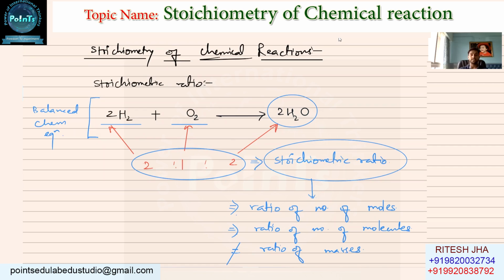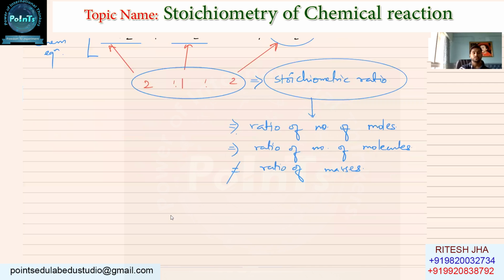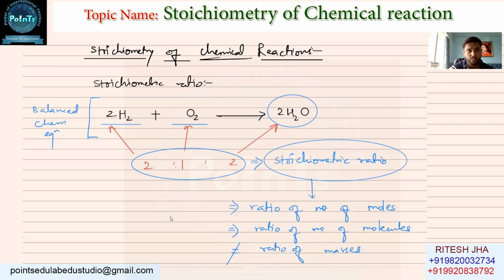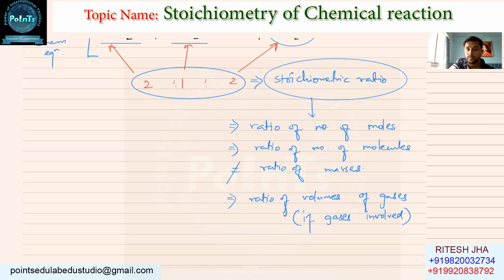It can also be equal to the ratio of volumes of gases, if gas is involved, obviously. So the stoichiometric ratio, which you determine from the balanced chemical equation, gives you the ratio of number of moles, or the ratio of number of molecules. It is not equal to the ratio of masses. It can be the ratio of volumes of the gases.